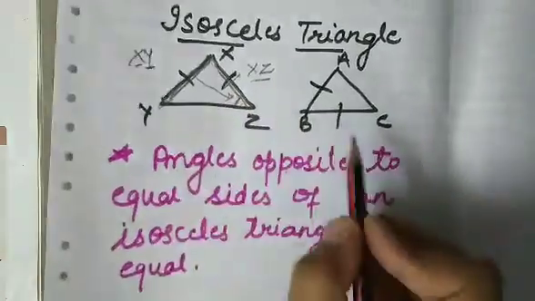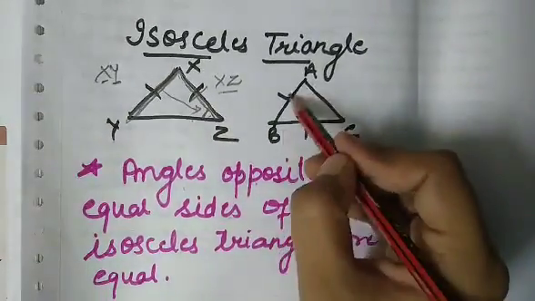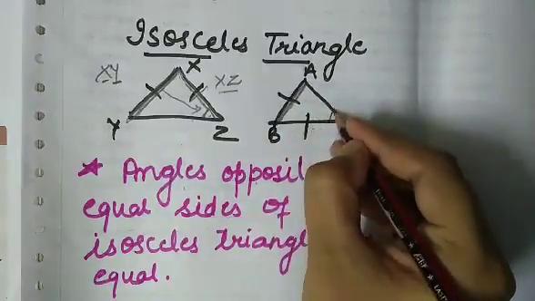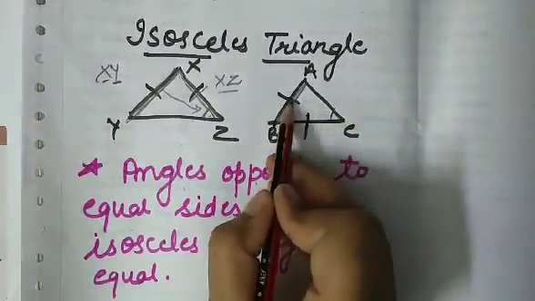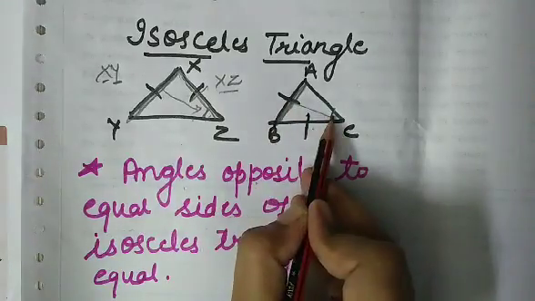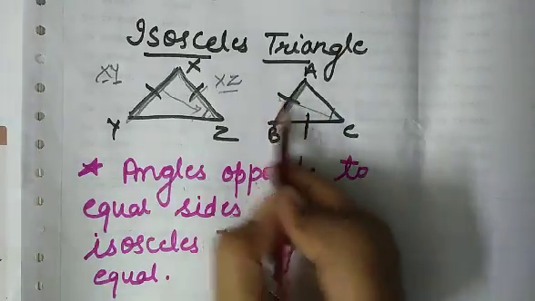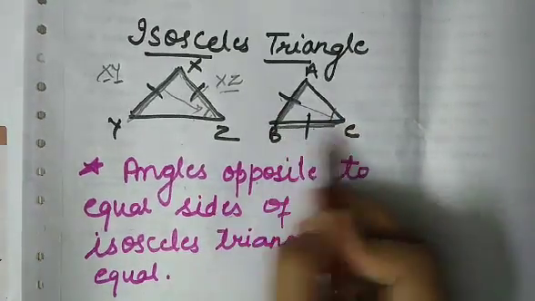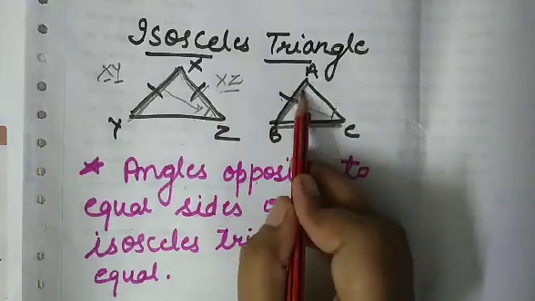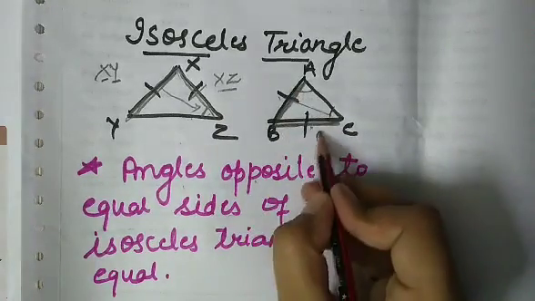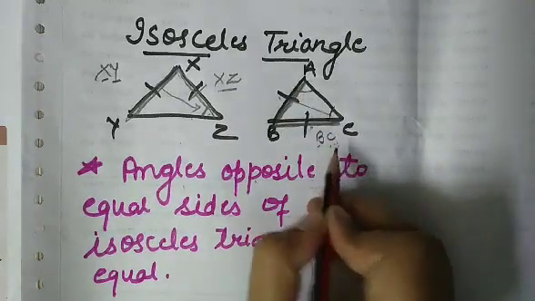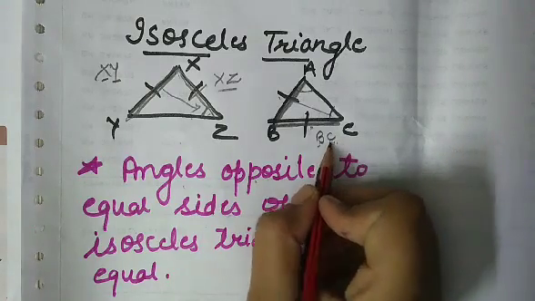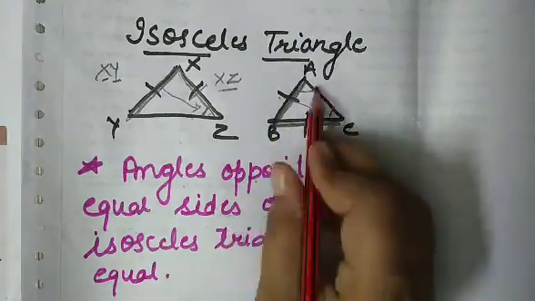Now if I say opposite to side AB, which angle is there in this triangle? That is angle C, because it is just opposite. So opposite to side AB we have angle C, and opposite to side BC, that angle is angle A, because side BC involves vertices B and C but not A, so A is just opposite to BC.